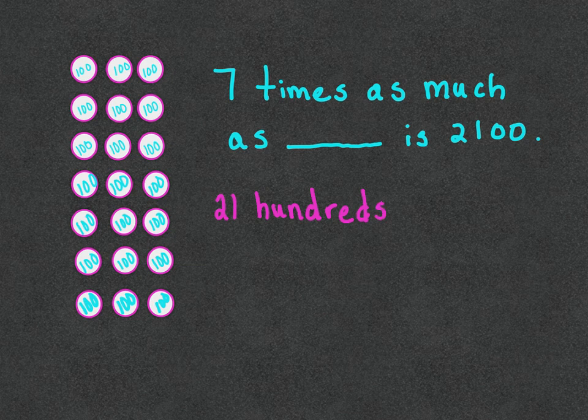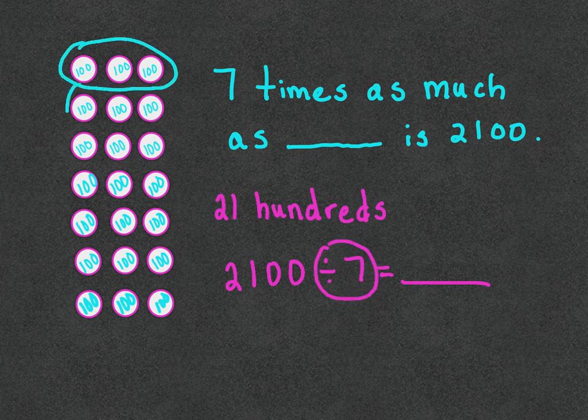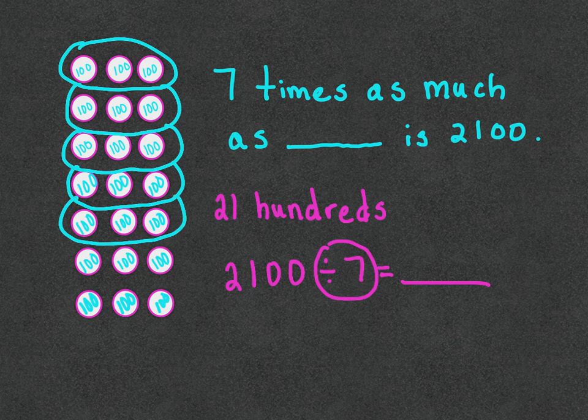Well, we have to group this up into 7 groups because we are basically dividing, basically saying 2,100 divided by 7 is going to give us how much? So we have to put them into 7 equal groups. So we've got 1, 2, 3, 4, 5, 6, 7.